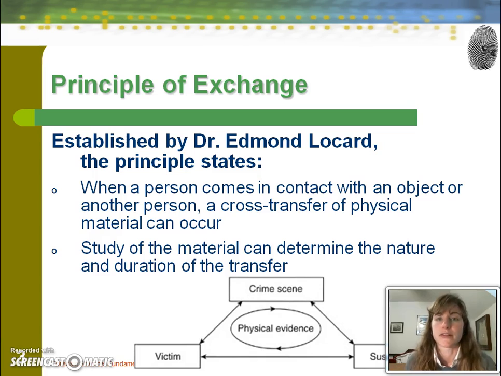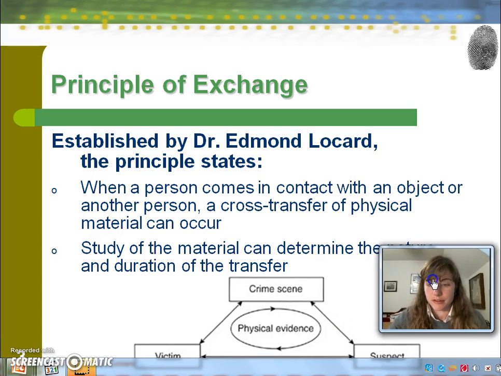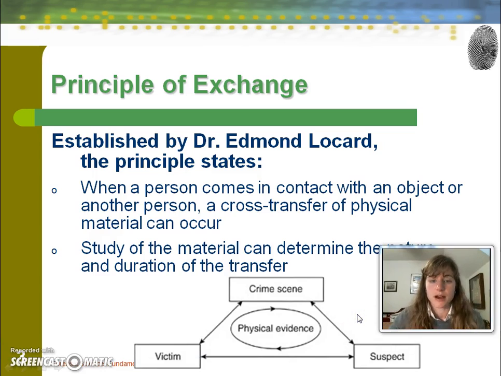This could be hair evidence, fiber, paint chips. This could be biological evidence in the way of body serum, or within the study of serology. So this graphic here shows the basis behind this idea of Locard's principle of exchange.